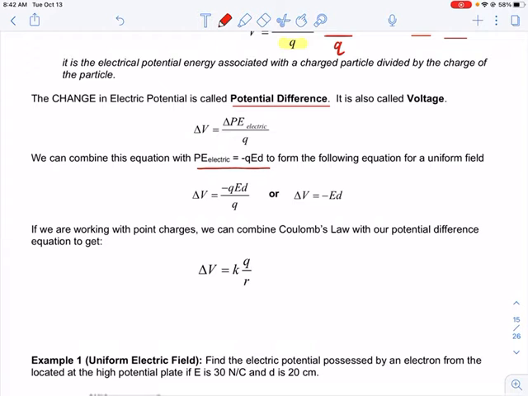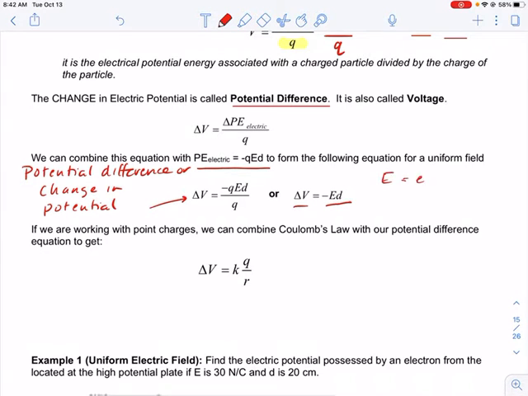Voltage, delta V, the change in potential, which is also called potential difference, equals negative E times D, where E is the electric field and D is the distance we move the charge.